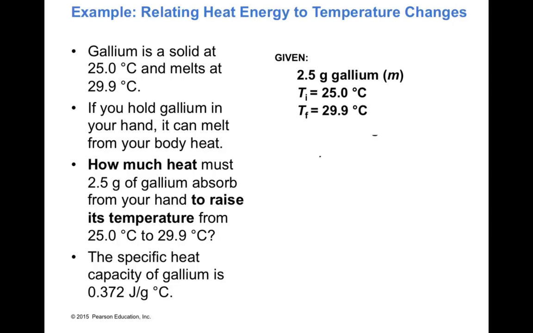And we also have the final temperature, Tf, 29.9 degrees Celsius. We have also the specific heat capacity for gallium. So that means that we need to determine the heat that has been transferred. Okay, we need to determine the heat that has been transferred in this process where your hand will melt this piece of gallium.